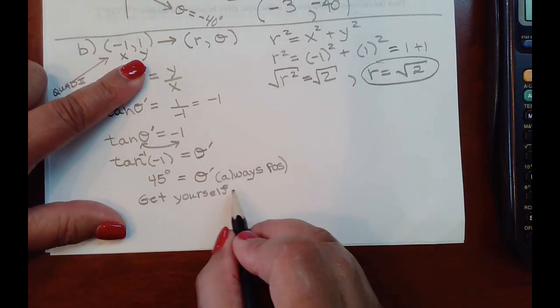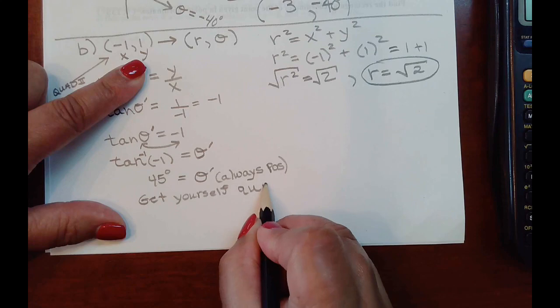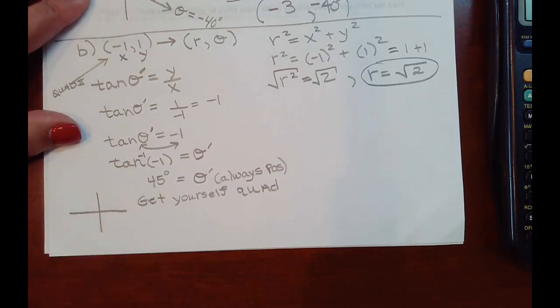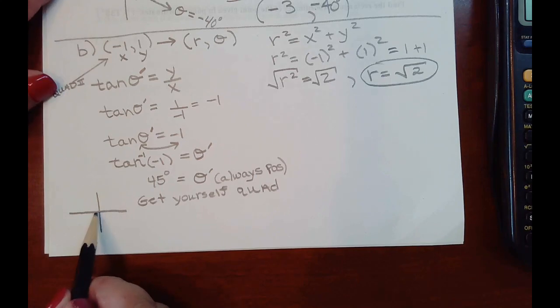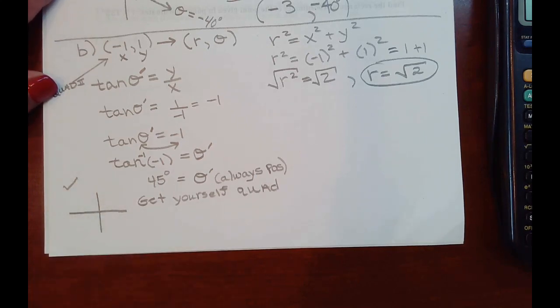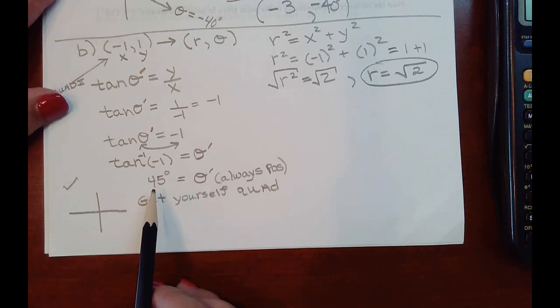So you know that -1, 1 is in quad 2. Think about it. If this was your quad system right here, -1, +1, you'd be in this quadrant right here. So you better be in that quadrant when you start talking about the real theta. This reference angle is just a vehicle by which you get the actual real theta.